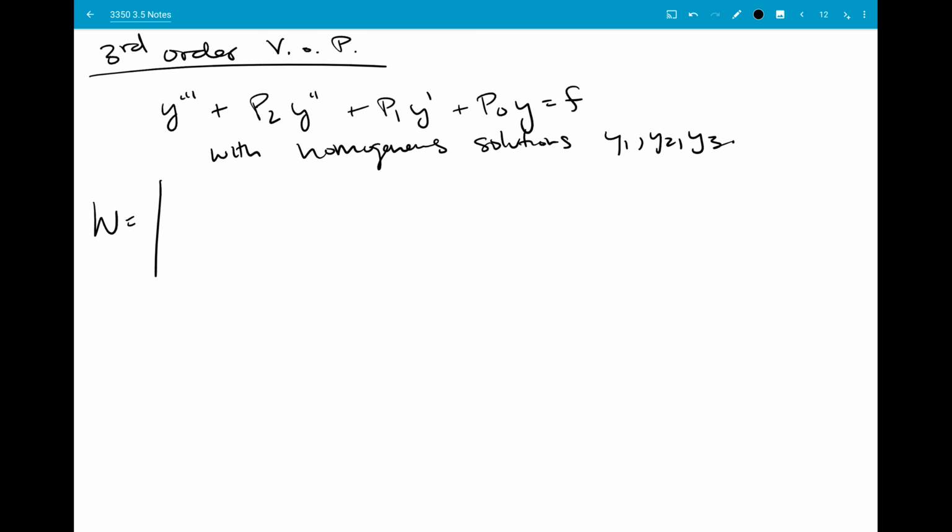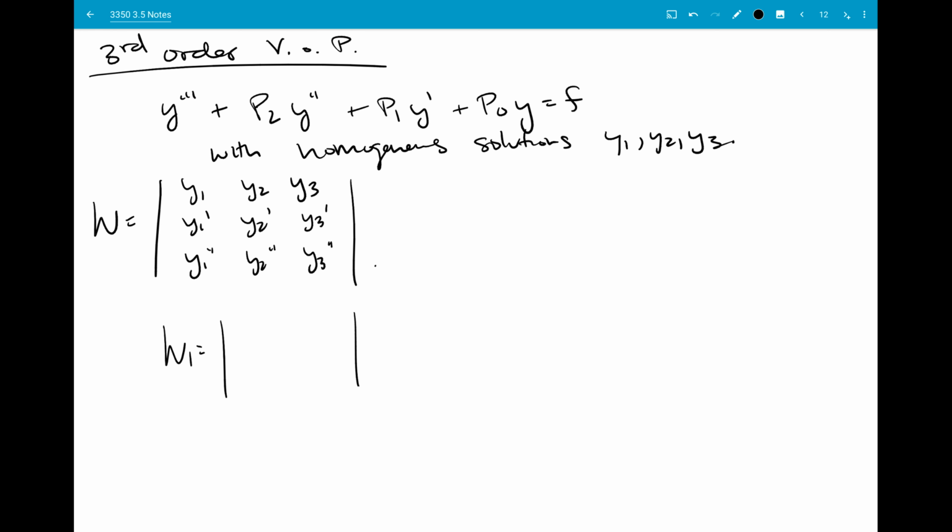Your Wronskian is going to be y1, y2, y3, and its derivatives to make a square. And then you're going to need to compute W1, W2, and that's going to need more space, and W3.